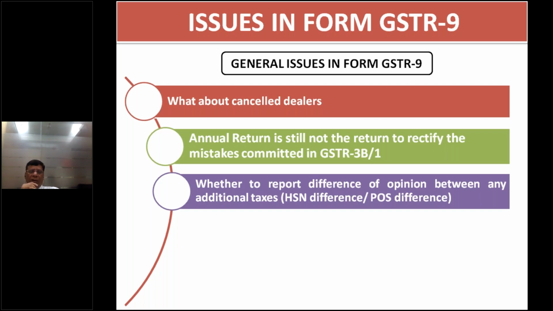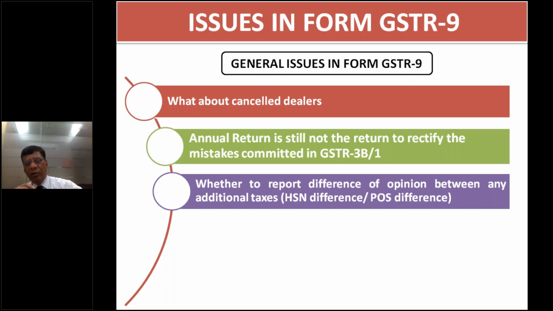Suppose there is a classification issue. A particular turnover may be taxable at the rate of 12% in the eyes of the taxpayer, but the auditor or the government may be of the opinion that it should be taxable at 18%. Let me give you an example. There is a chapter 20 or 21 which speaks about the tax rate on ready-to-eat food and semi-finished food.